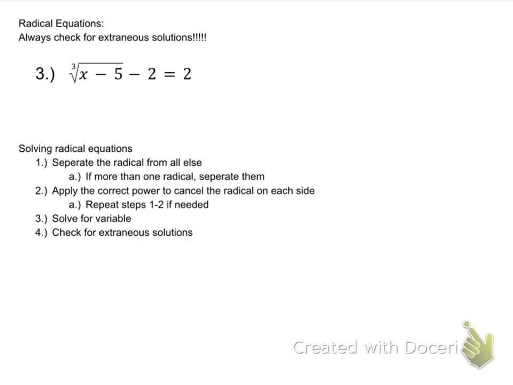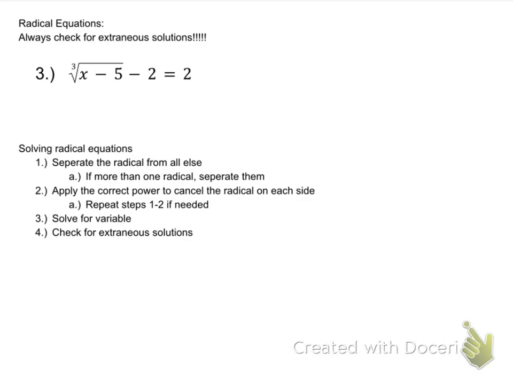The first step is I am always going to try to separate the radical from all else. So in our first example, and the next one will be slightly different, we'll be using the part A group, you only have one radical. And if I only have one radical, I am going to add 2 to both sides, in this particular case, so I can isolate the radical by itself.